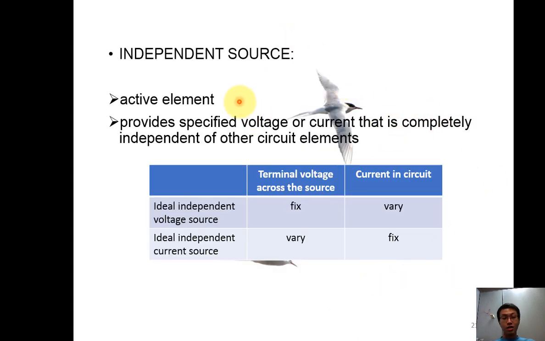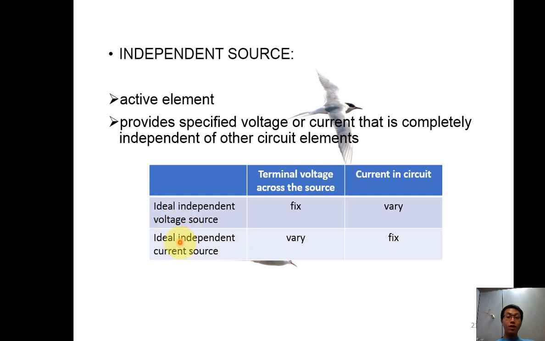What is an independent source? It is an active element generating electricity, right? And then it provides a specific voltage or current that is completely independent of other circuit elements. We talk about an ideal independent voltage source or an ideal independent current source.